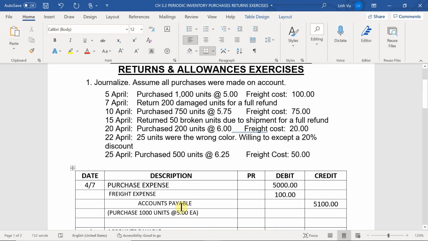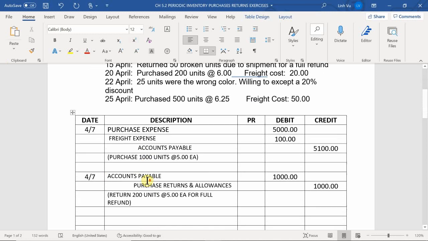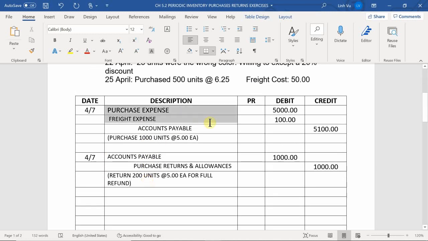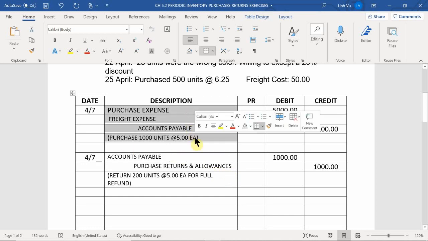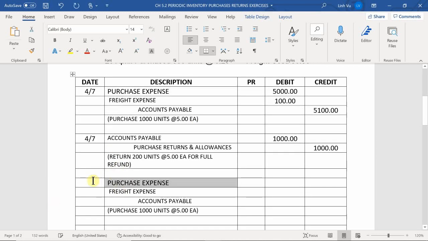Then on April 10, we purchased an additional 750 units at $5.75 with freight of $75. April 10: purchase expense, freight expense.